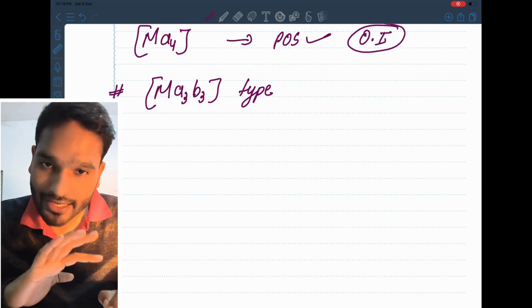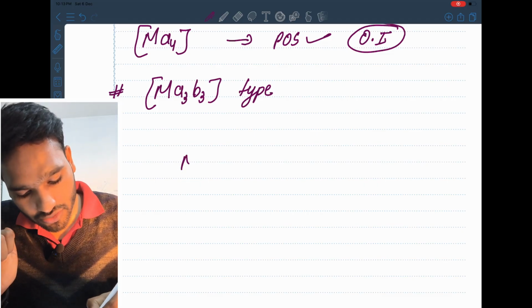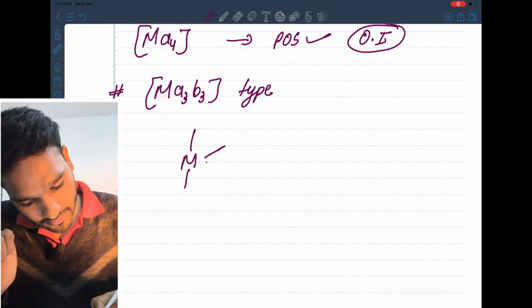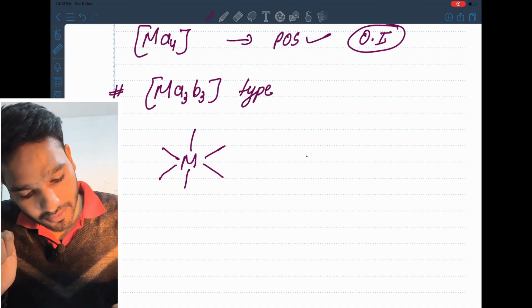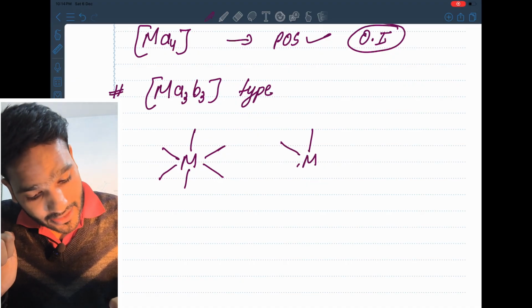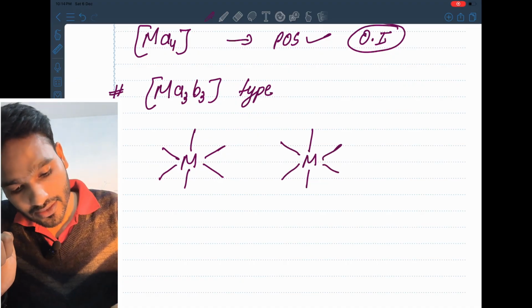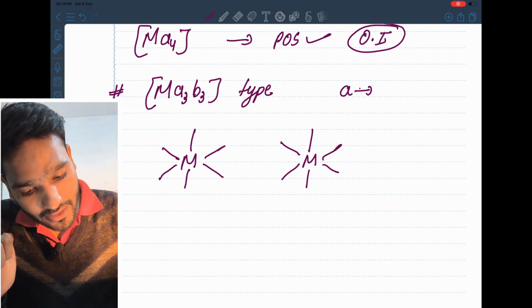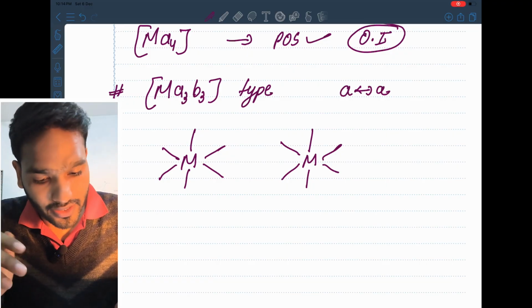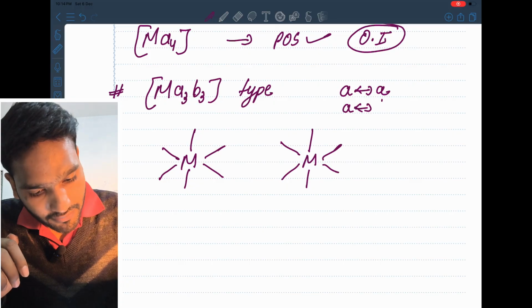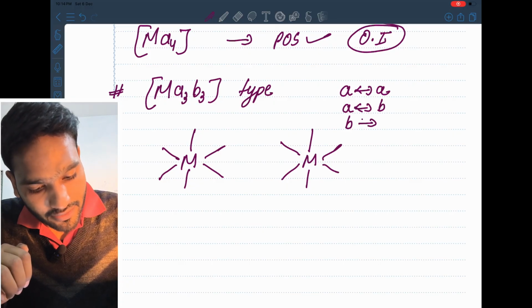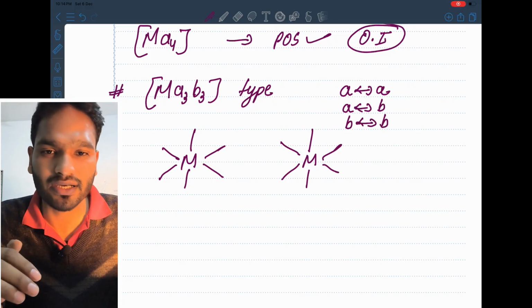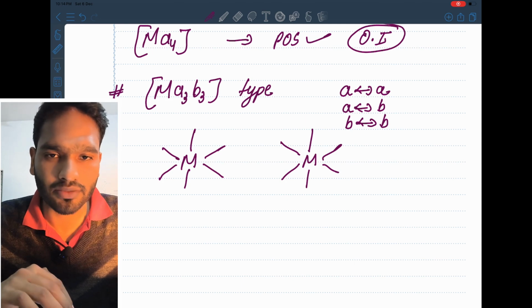So now I am drawing the geometrical isomers. In case of geometrical isomers, the possibility is that you can have A in front of A, or A in front of B, or B in front of B. So there are 3 possibilities, and first you draw all the 3 possibilities.